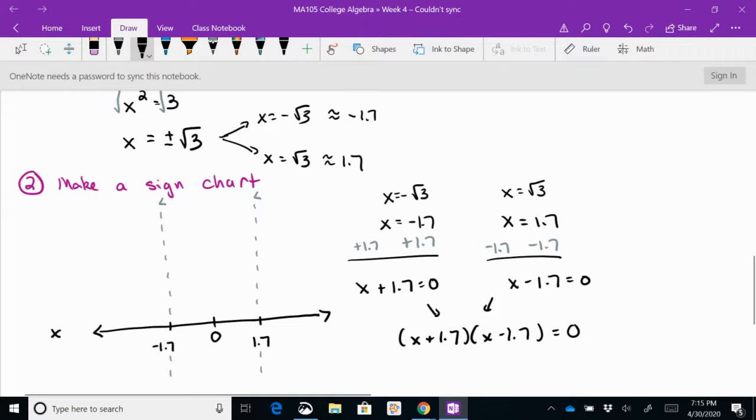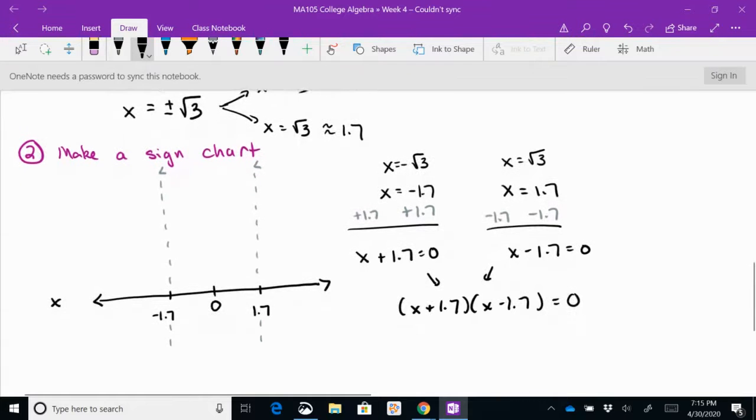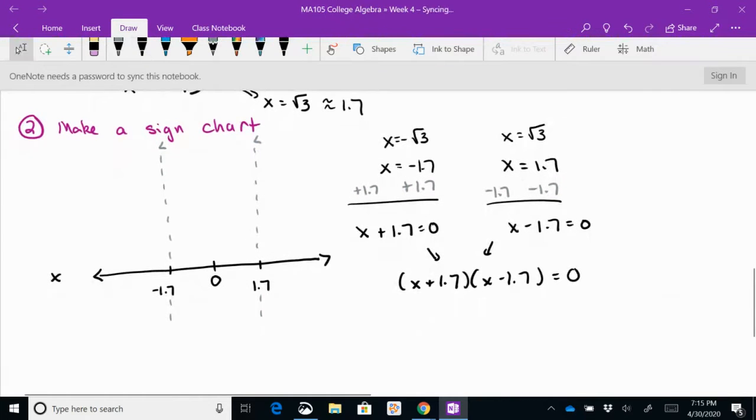We're trying to put it back in a factored form, but we rounded because it makes it easier to work with. If you have an example that factors, you don't have to go through this big mess. But once you've figured out what the factors are, I'm going to write these on the side of my little chart. So I have x plus 1.7, and then underneath it I'm going to write x minus 1.7.